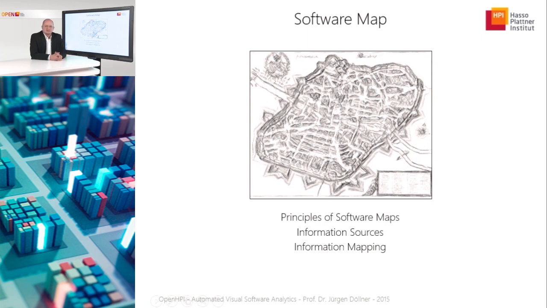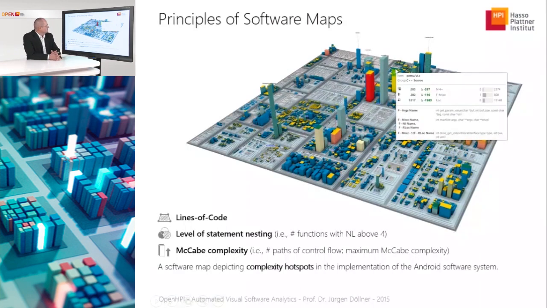Let's start with an example of a software map. Here you see this example. It's a software map of the Android software system. As you can see, it's a 2.5-dimensional tree map underlying this concept of the software map.